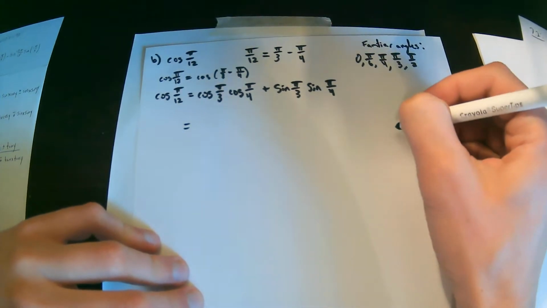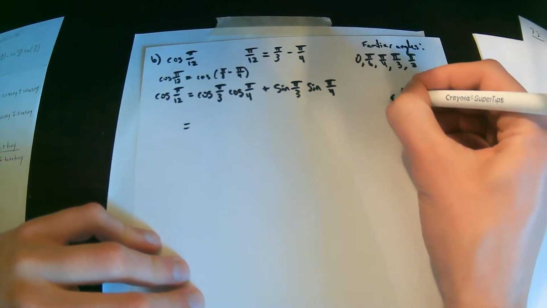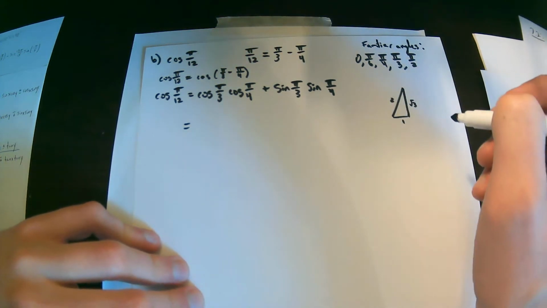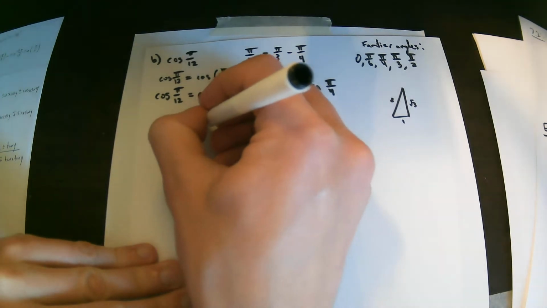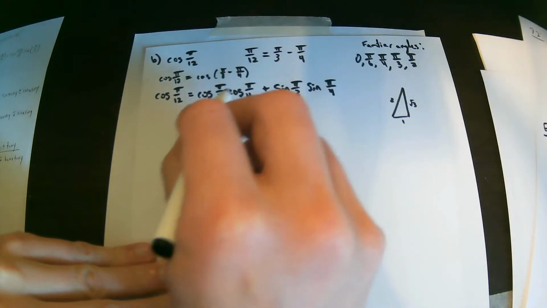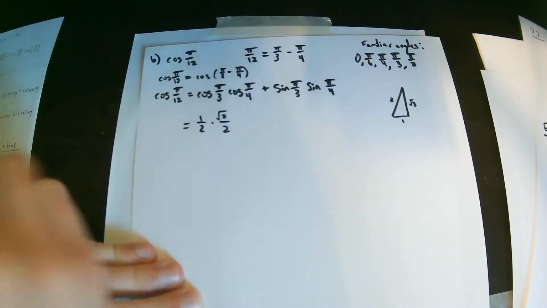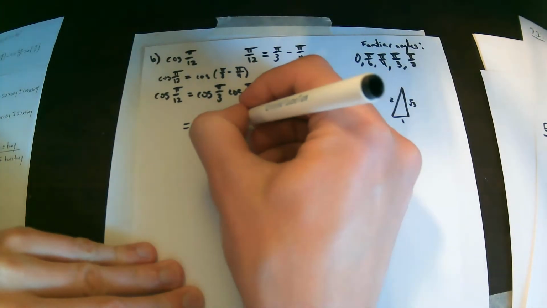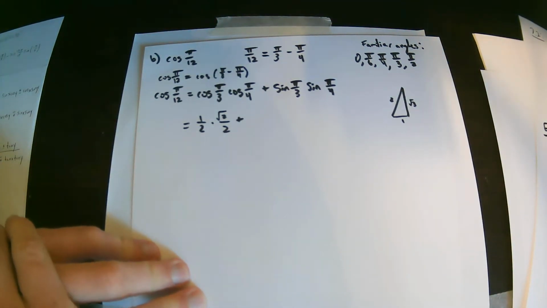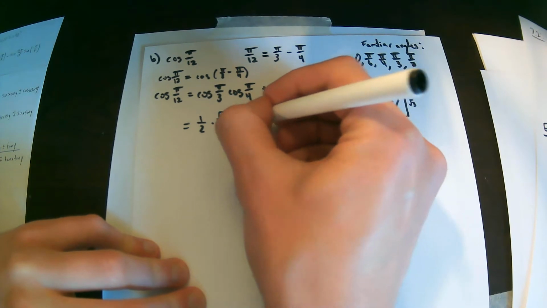Pi on 3 is that 60-degree angle, so this is 1, root 3, and 2. So cosine of pi on 3 will be 1/2. And then cosine of pi on 4, that's the 45-degree one. That one's square root of 2 over 2. And then plus sine of pi on 3 is opposite over hypotenuse, so square root of 3 over 2.